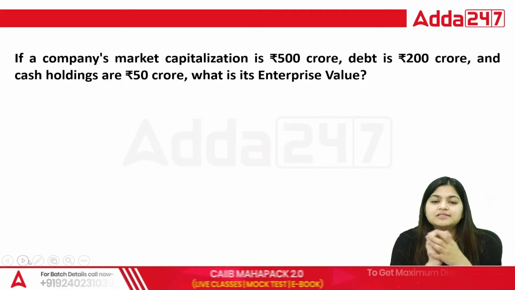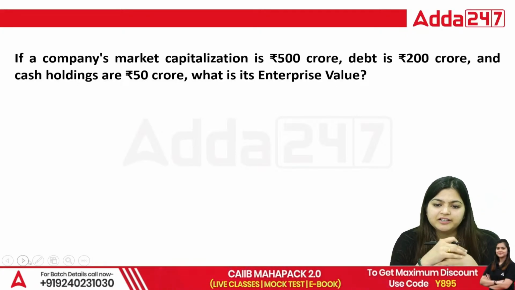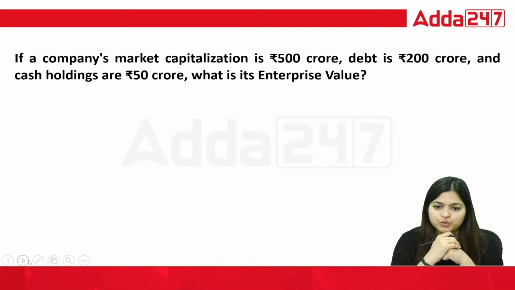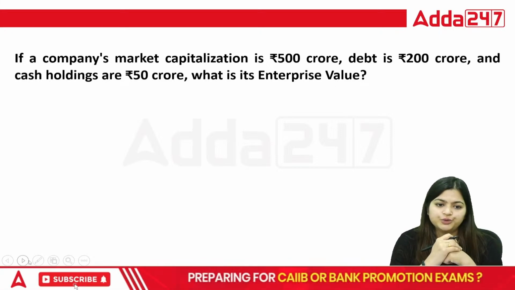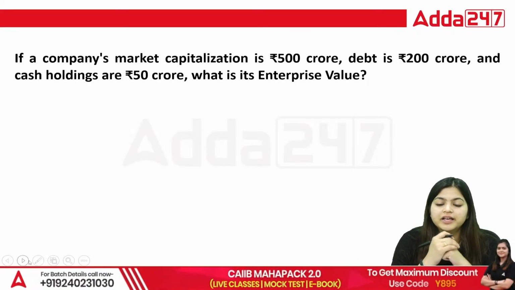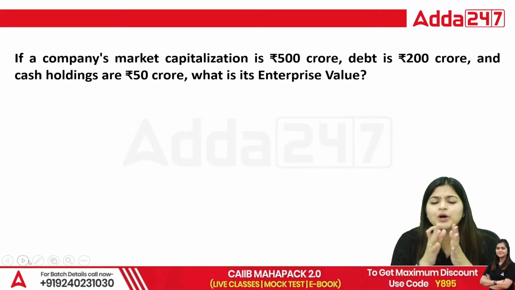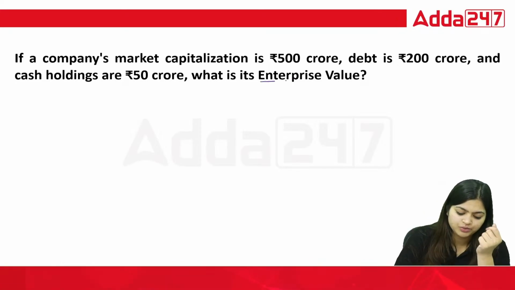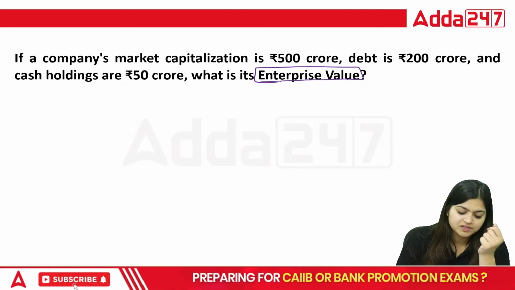Now next is, if a company's market capitalization is 500 crores, debt is 200 crores and cash holdings are 50 crores, what is its enterprise value? Now in this question we need to calculate the enterprise value of this company.